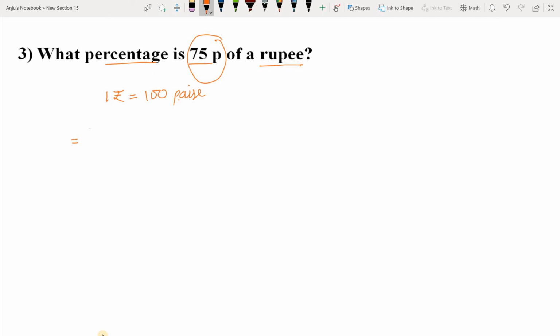Now here we write 75 upon 100 because we know that कि 1 rupees में 100 पैसे होते हैं and we have to find percentage, so we multiply by 100 and then we put the symbol of percentage. Now let us reduce. 100 से 100 reduce हो जाएगा तो क्या बचेगा यहाँ पे? 75%. Thus the answer is 75%.